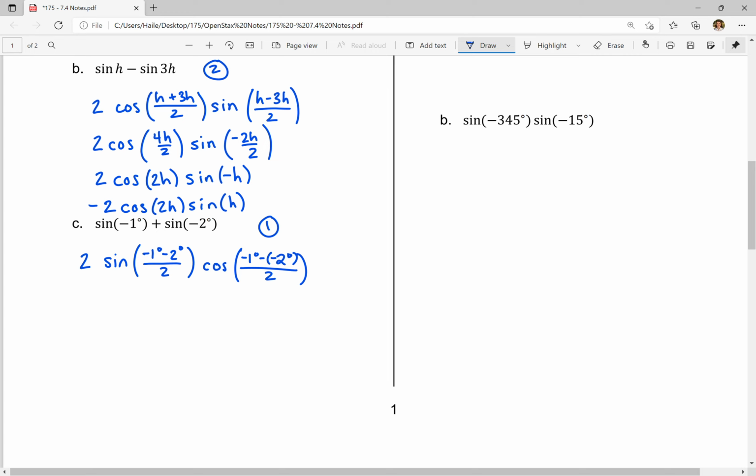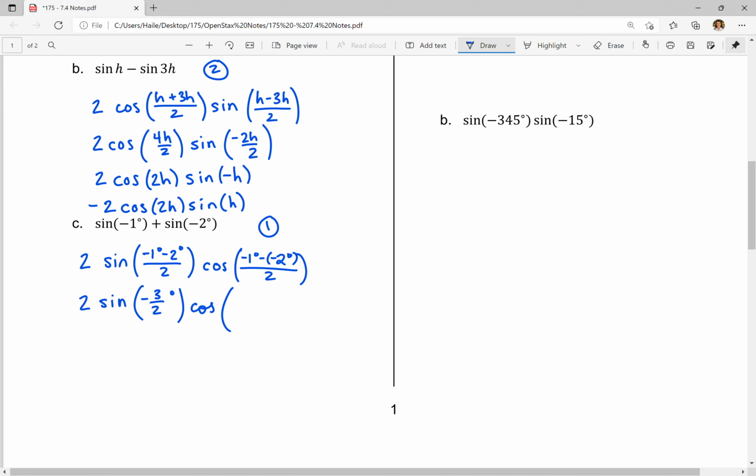All right, so we just need to simplify the expressions inside the parentheses. So to do that, we can do 2 times the sine of negative 1 minus 2 gives me negative 3. So I have negative 3 over 2 degrees times the cosine of negative 1 minus a negative 2 is plus 2.